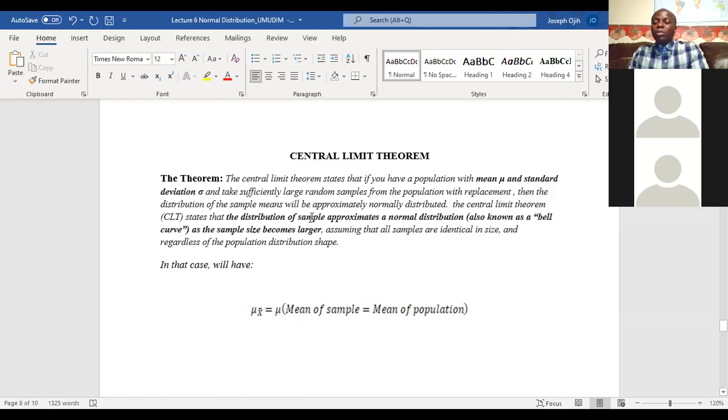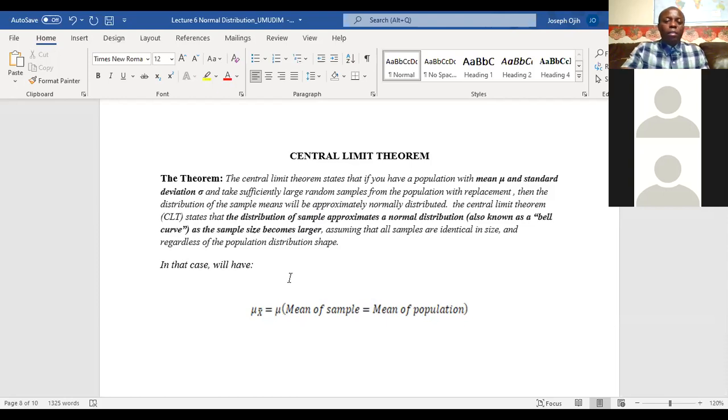Even if the population did not come from a normal distribution, as the sample size increases, it starts taking a bell shape, or normal distribution. In other words, the distribution approximates normal distribution as the sample size becomes larger, assuming all samples are identical in size and regardless of the population distribution shape.